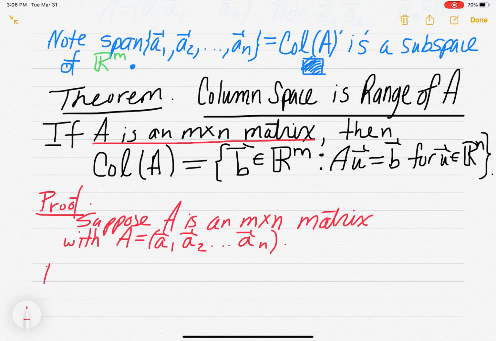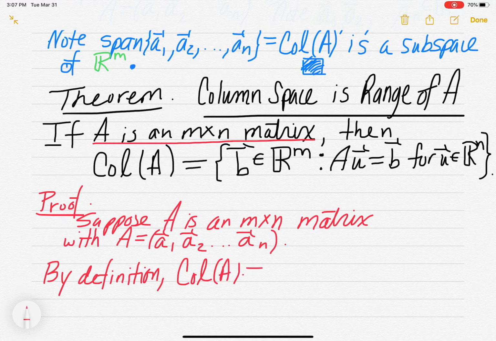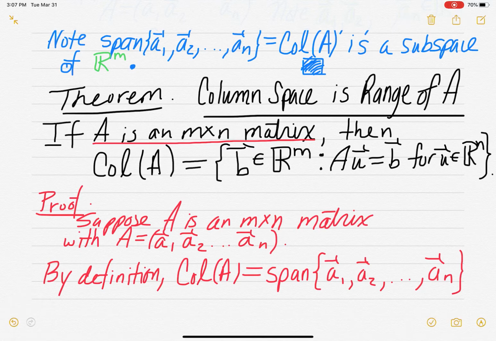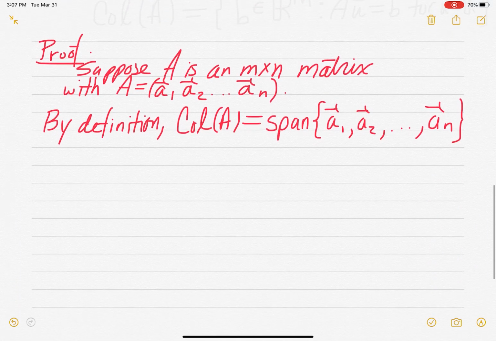So by definition, the column space of A, col of A, is equal to the span of the columns, right? The span of the set of columns A1, A2 through AN. So what is the span? It's all the linear combinations.